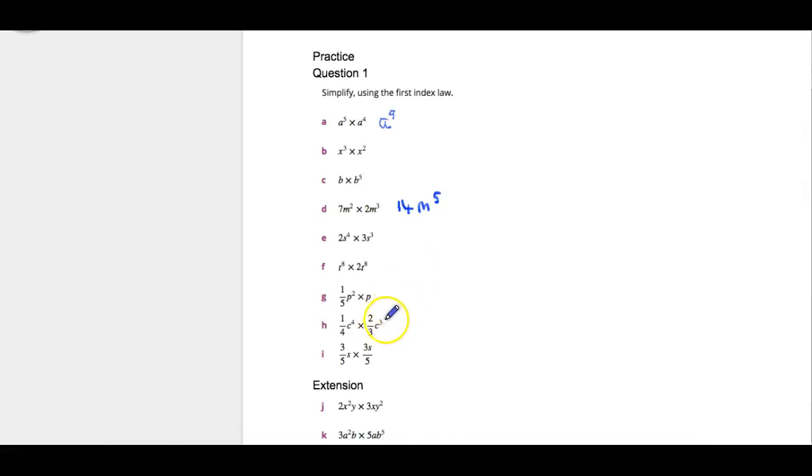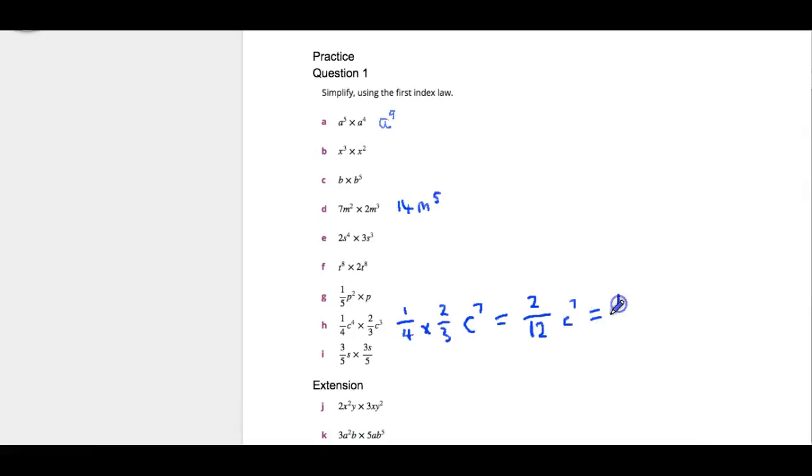There aren't really any tricky ones, maybe the fraction one here at H. Remember when you're multiplying fractions, so I might just do that first. And then what have we got? C to the power of 7. When you're multiplying fractions, you just multiply the numerators, so the top number. So 1 times 2 is 2, and then on the bottom we have 12 C to the power of 7.